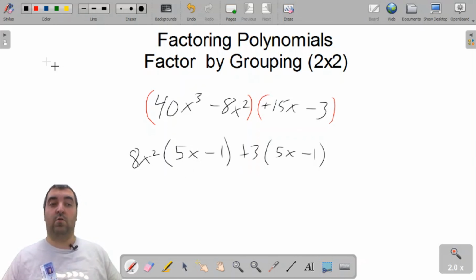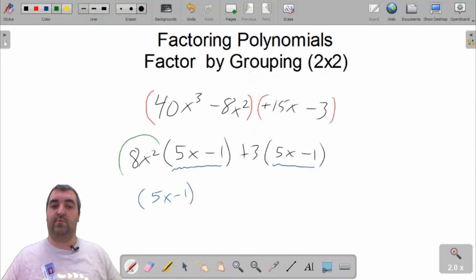Now we know that factor by grouping works because our two parentheses are the same thing. So then we write the one parentheses as a factor because we're factoring it out, and then we write what's left over in its own set of parentheses. Helps if you write all the stuff.